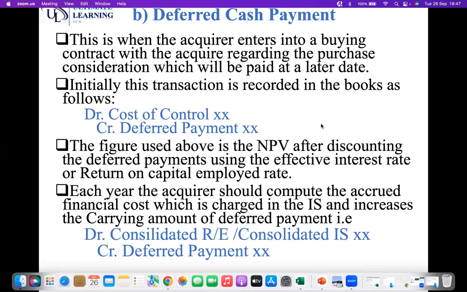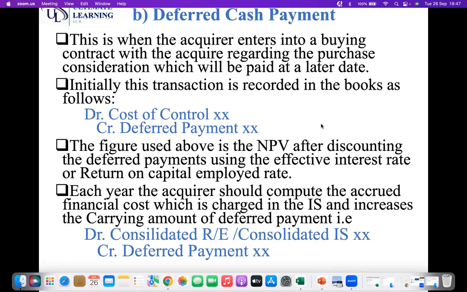In consolidation, this process of trying to find out the accrued finance costs is known as unwinding of interest. So how do we unwind interest? First of all, you calculate the present value of your cash flows by discounting the future cash flows.